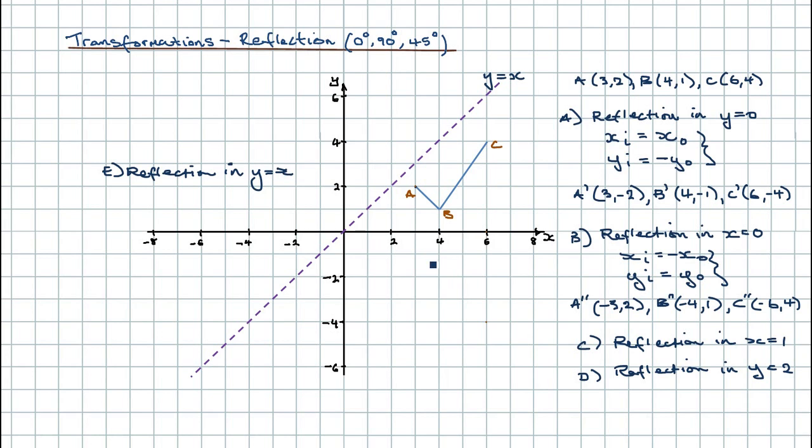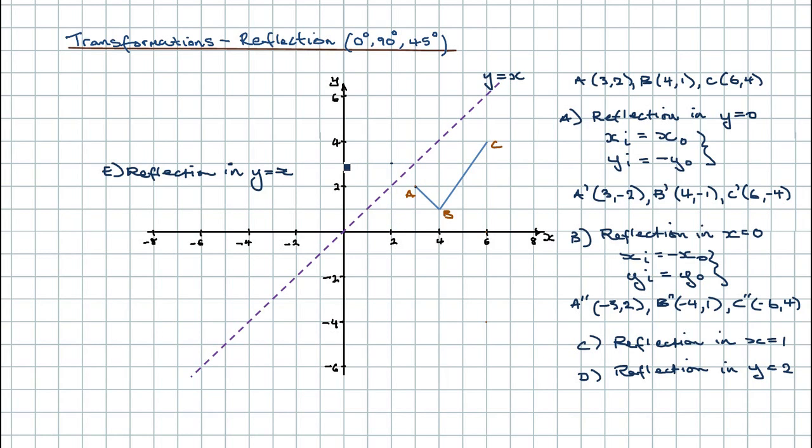Okay. So to reflect in y equals x, we can use the method we have here. In fact, if you think about it, A is going to end up here, so that would be A prime. And what's happened is that the x coordinate, which is 3, has become the y coordinate here, which is 3.